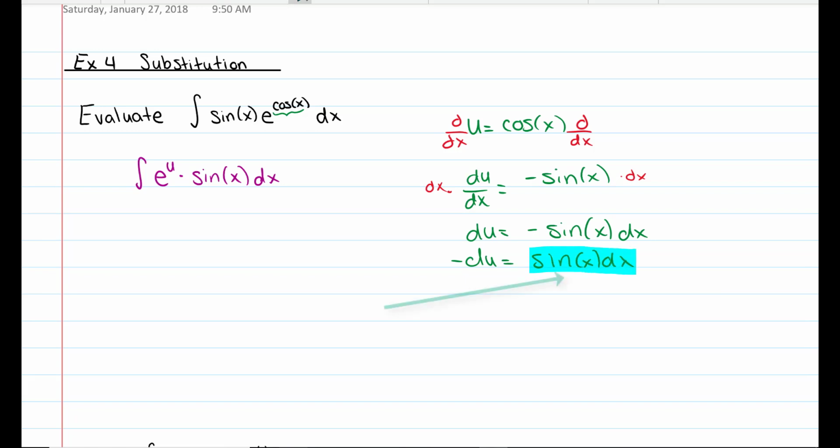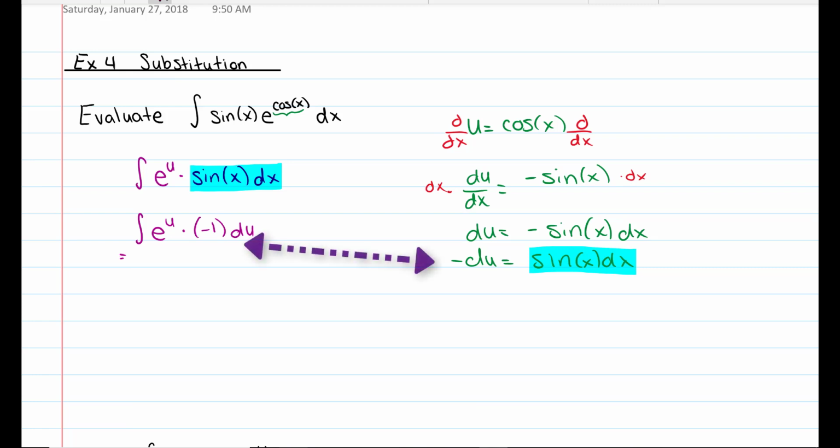So you see right here we have sine of x dx, and right here we have sine of x dx. So we're going to rewrite that as e to the u times a negative 1 times du. So this becomes negative the integral of e to the u du. And the integral of e to the u is just e to the u, and then plus c.